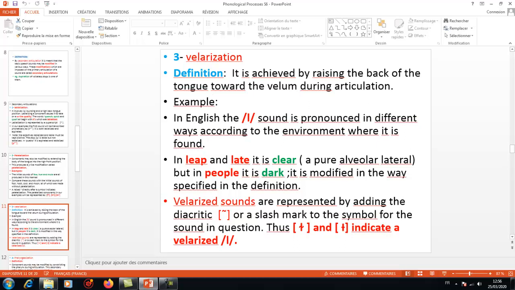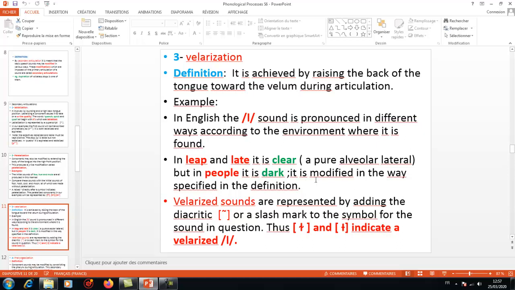Example. In English, let's go back to the example of L as a sound in English. The L sound is pronounced in different ways according to the environment where it is found. In leap and late, it's clear. We say l, a pure alveolar lateral. But in people, the L is dark. Notice ɫ, not l.